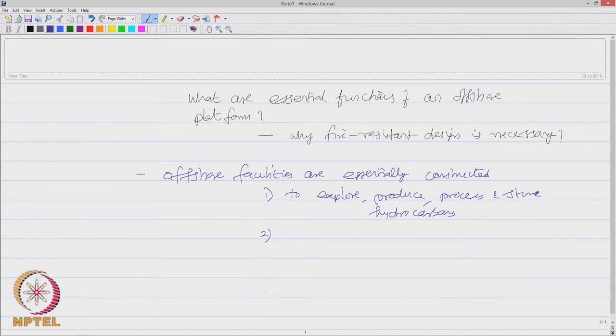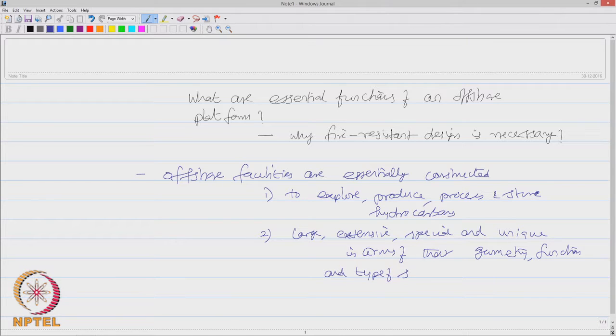Offshore facilities are large, extensive, special and unique in terms of their geometry, function and even type of structural system.